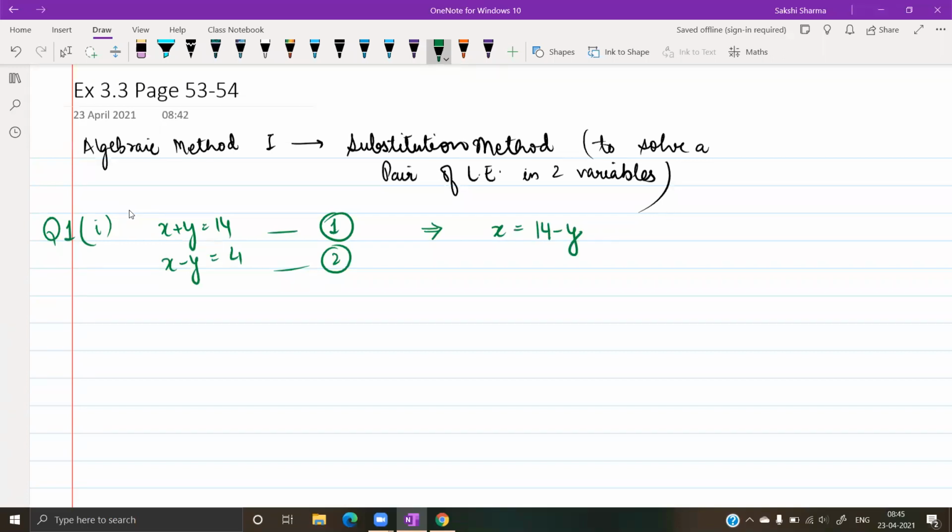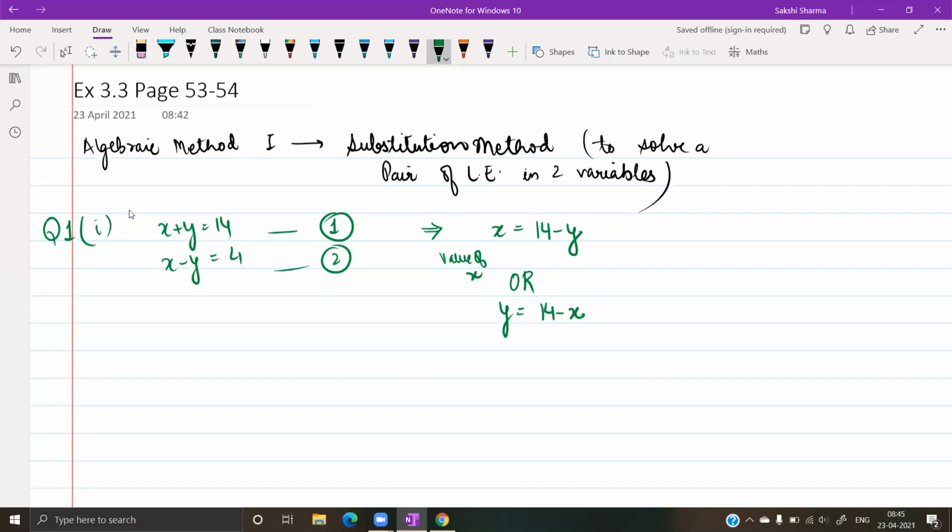Is that correct? Yes, ma'am. I'm just rewriting the equation. Obtain, मैंने क्या किया है यहाँ पे, value of x. आप चाहो तो यहाँ से y की वैल्यू भी निकाल सकते थे. The value of y comes out to be 14 minus x.